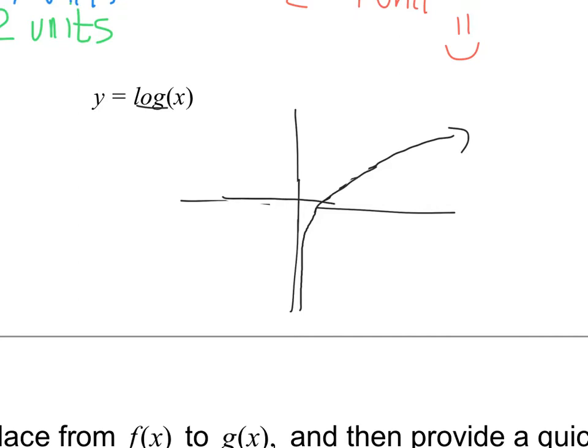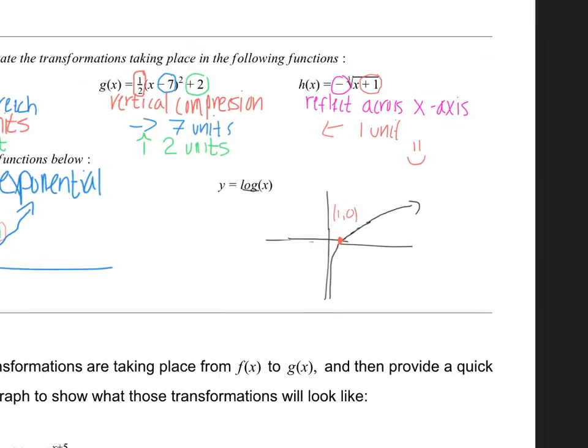Now, obviously, if it is a perfect reflection across, then this point is going to be at (1, 0). That's really the only thing I would worry about: it intersects at (1, 0). It has an x-intercept of 1. So remember, I'm going to write this down.